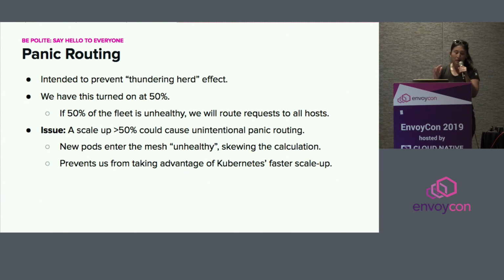But the issue is that during a deployment, since it's similar to a scaling up event, if more than 50% of hosts were entered, you'll unintentionally enter into panic routing. That's because they enter in unhealthy first all at once, and then you have a brief moment of panic routing, and then it will resolve itself.